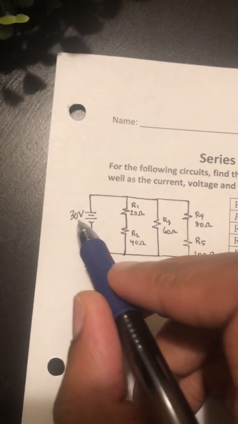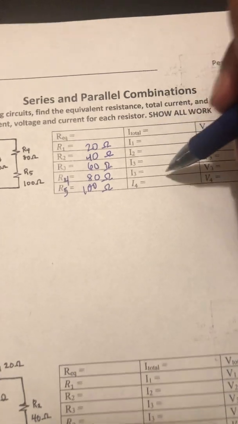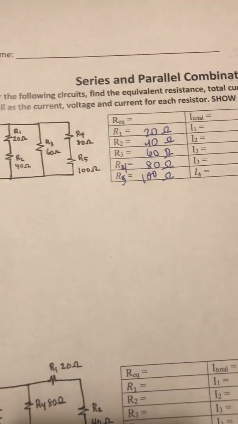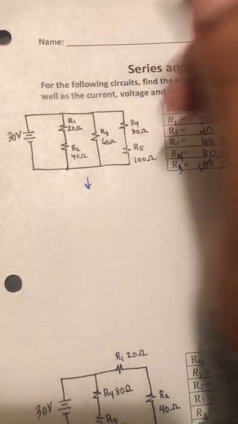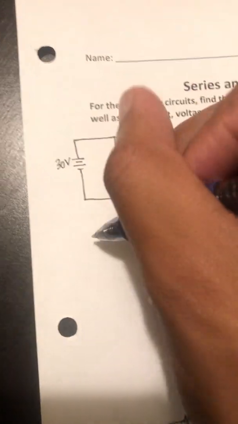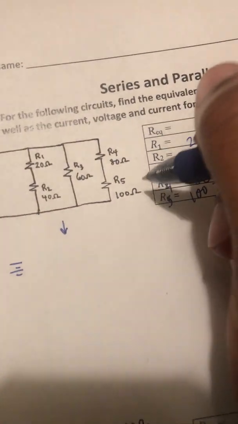And then I also know that my total battery voltage is 30. Now, I'm not going to go ahead and solve this all for I's, all for V's first. I'm going to find some I's, some V's based on the circuit, all right? So first thing I want to do is combine some resistors in series. So I'm going to combine R1 and 2 and R4 and 5.